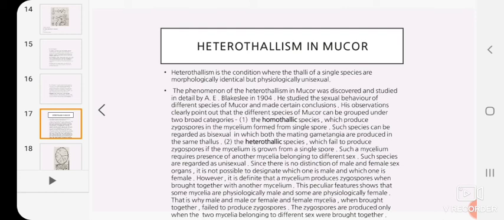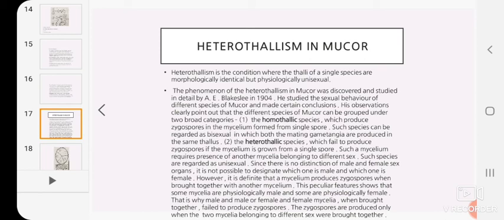This phenomenon of heterothalism in Mucor was discovered and studied by A.E. Blakeslee in 1904. As I told you earlier, if the fusing gametangia belong to the same mycelium, then these species are called homothallic species.